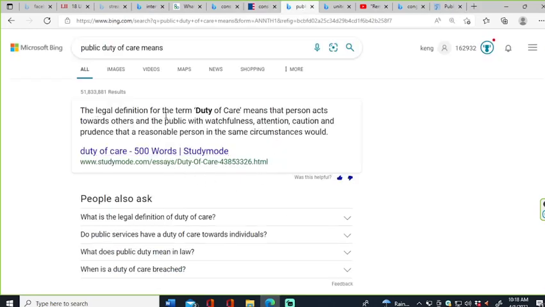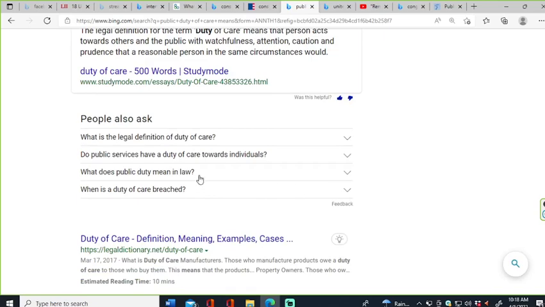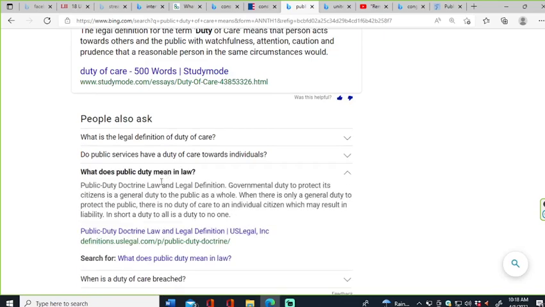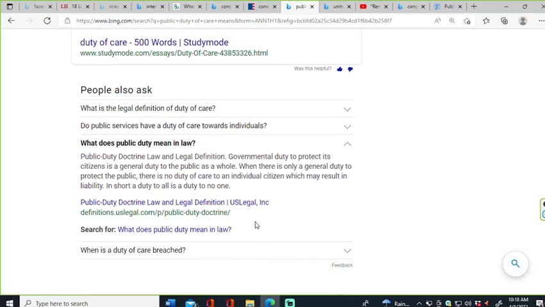The legal definition for the term duty of care means the person acts towards others in public with watchful attention, caution, and prudence that a reasonable person in the same circumstance would have. So you got to understand the public duty doctrine and legal definition.